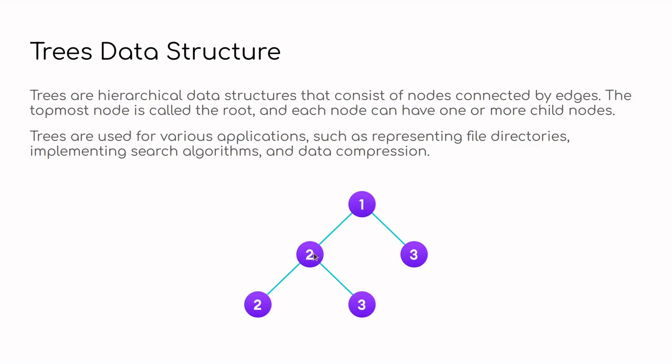Some of the various applications of tree data structures are file directories. In a file directory, let's say you have a folder, in that subfolders, and in those more subfolders. Tree data structures can also be used for searching algorithms and data compression.